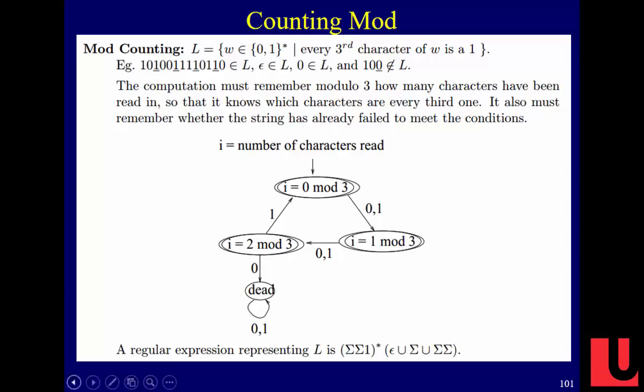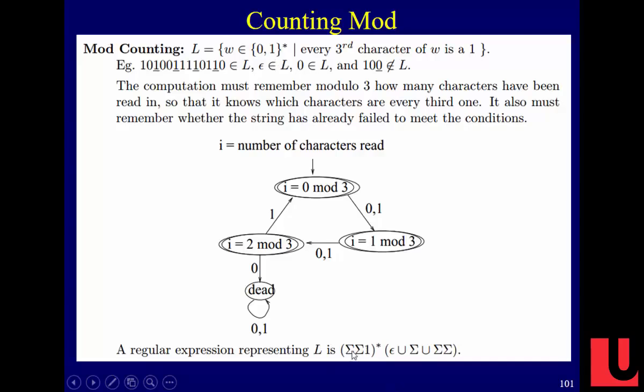Oh, okay, we hadn't gotten to that yet. Everybody understand this? All right, what's a regular expression? We're going along here. What's sigma? Sigma is anything in your alphabet. Here it's going to be 0, 1, right?